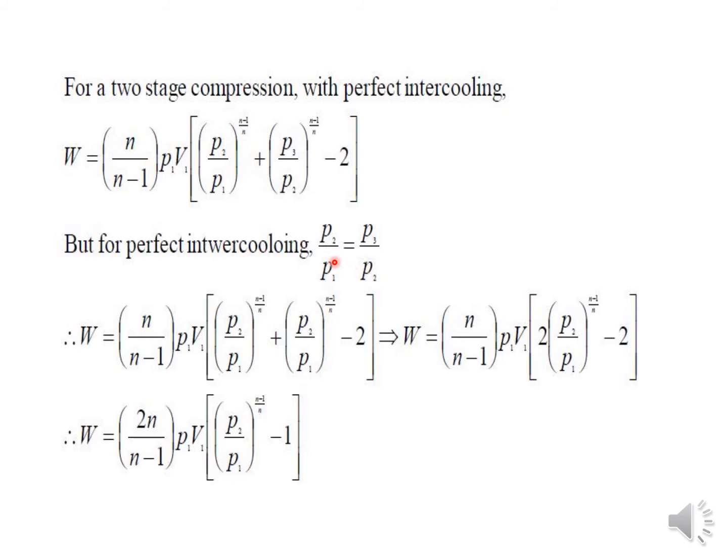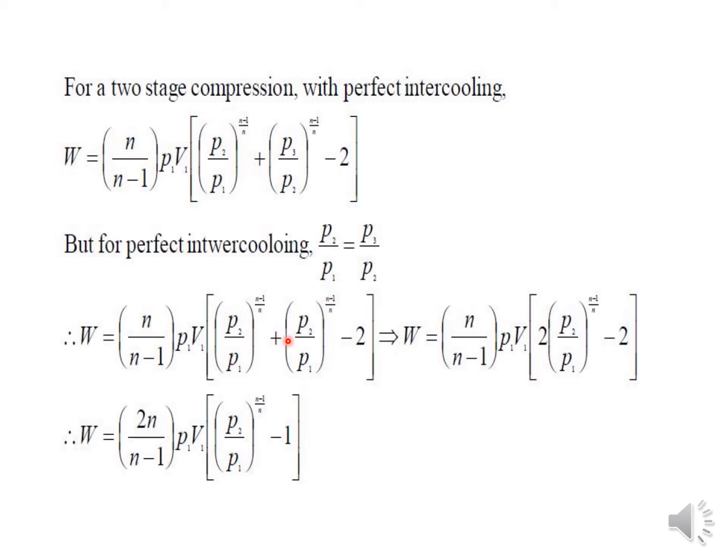I told you P2 is equal to root of P3 and P1, and similarly I can write P3 by P2 is equal to P2 by P1. So I will substitute P2 by P1 instead of P3 by P2 here. So these two are the same now.